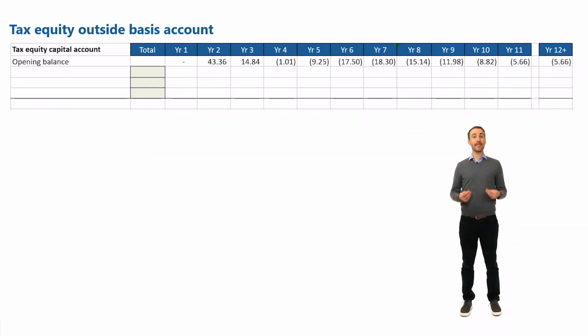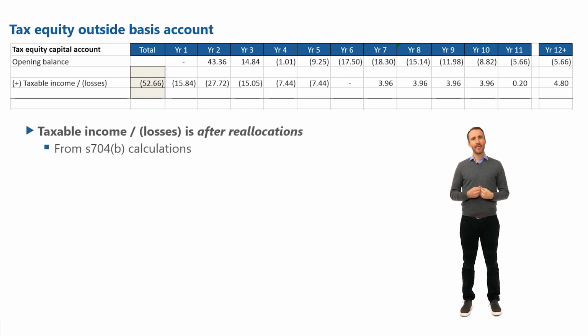As the outside basis tax capital accounts are for the purpose of calculating tax to the partner, we start with the 704B taxable income or losses to the partner after reallocations. If the losses have been reallocated to the other partner, they're no longer available for this partner to use.